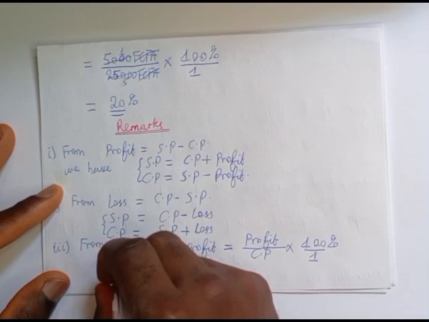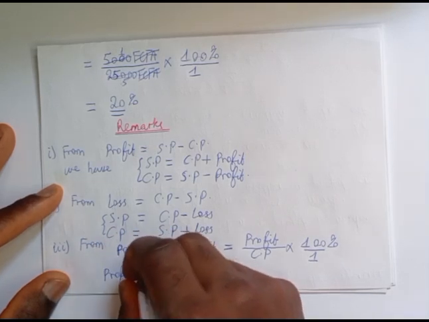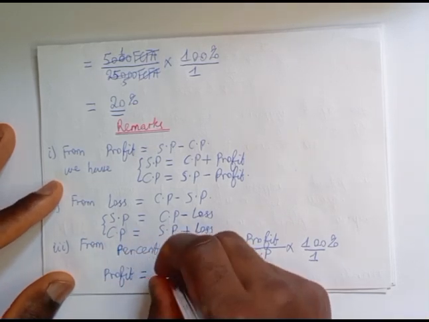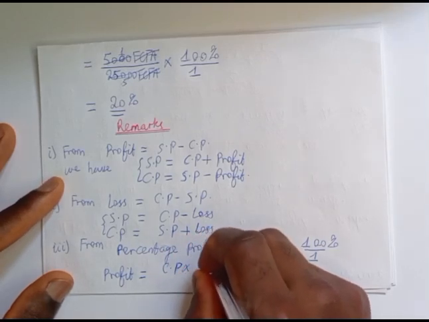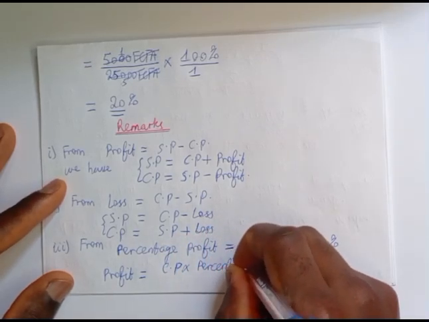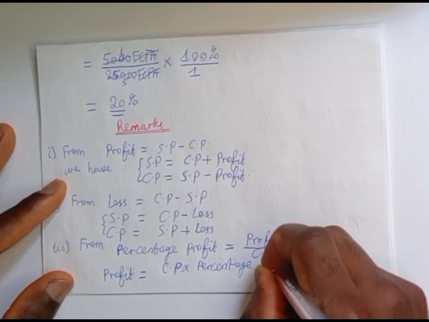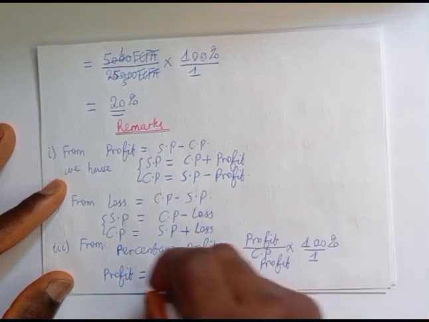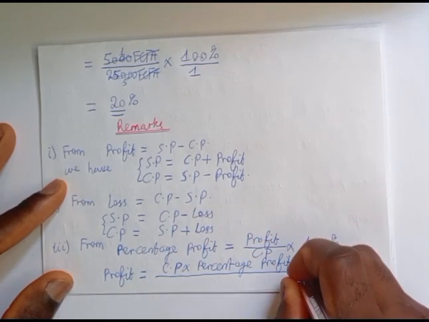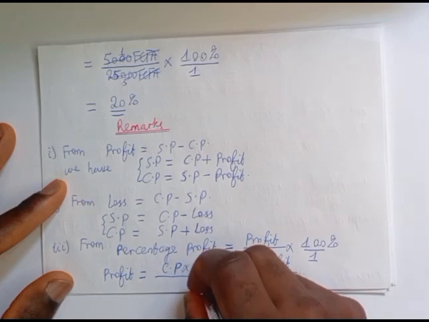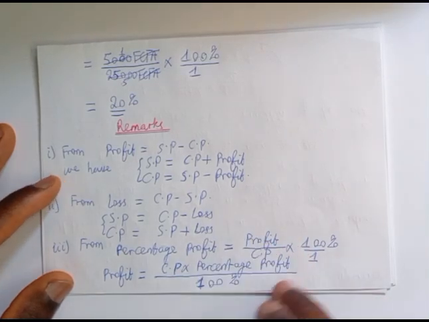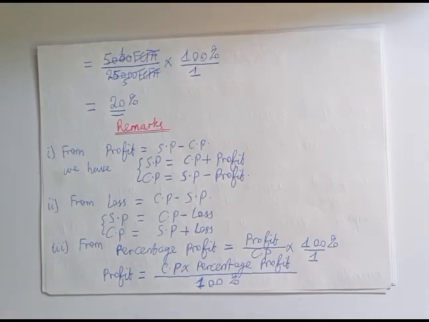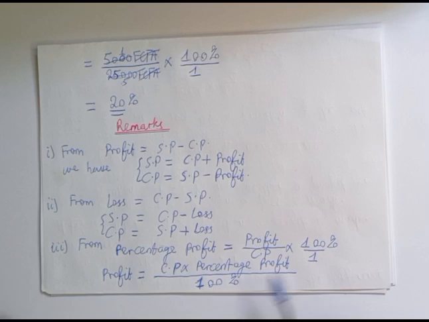We have a profit equal to the cost price times the percentage profit all over 100%. So this is how we can calculate the profit when we know the percentage profit and the cost price.